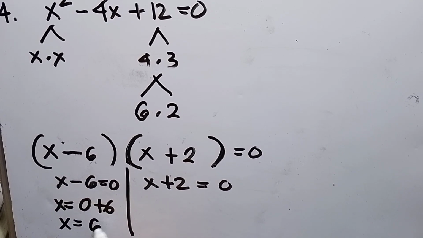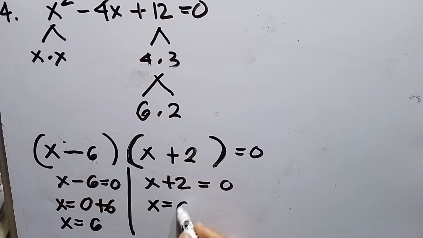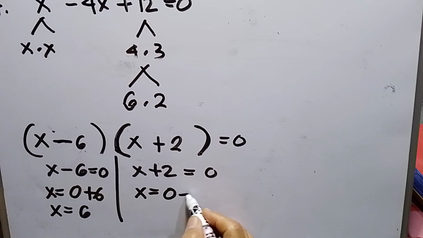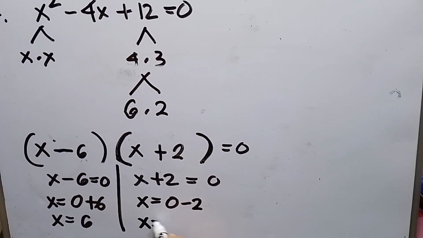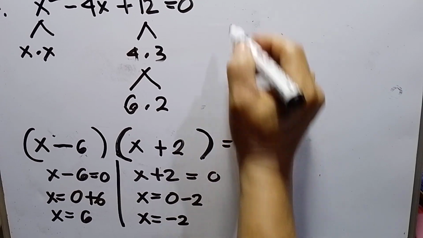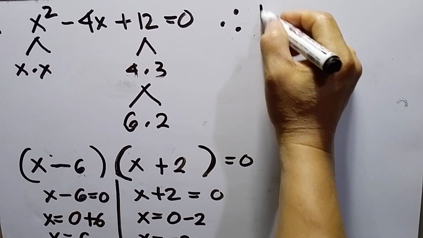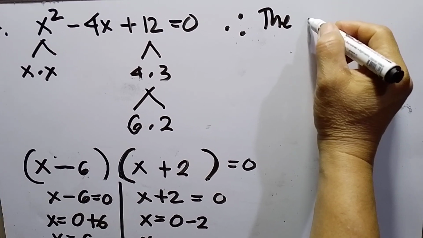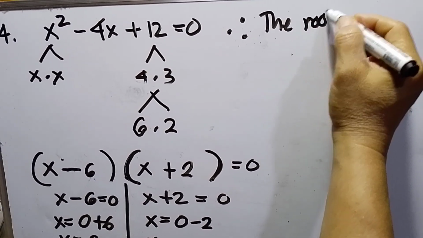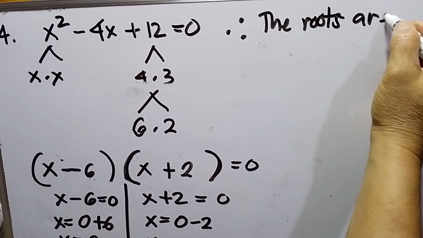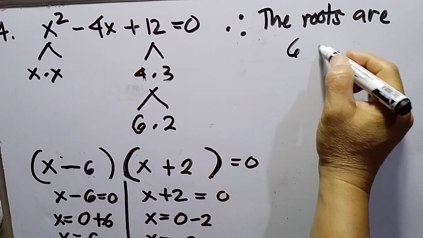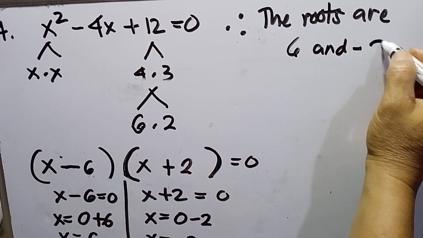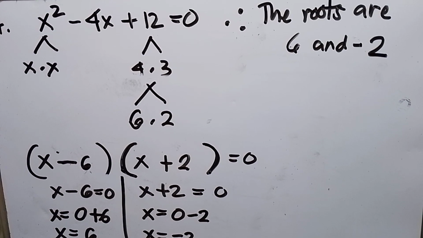This will be x equals 6. This one, x plus 2 equals 0, transpose to the right, this will be minus 2. x is equal to negative 2. So therefore, the roots or the solution sets are 6 and negative 2. That's number 4.